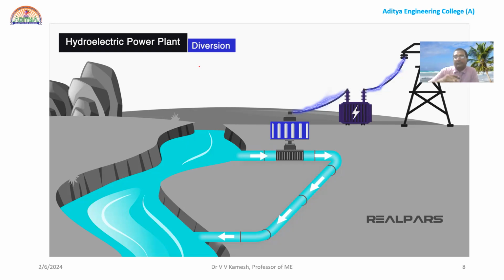Whenever you have gravity feeding, that means water flows from a higher level to a lower level. Suppose you make a small diversion. In this diversion, if you put a small turbine, again another turbine, by gravity the water will flow automatically like this, right? Suppose I am putting another turbine here.